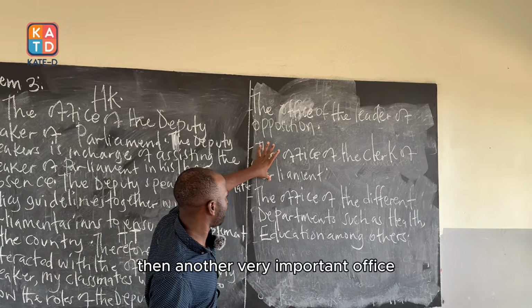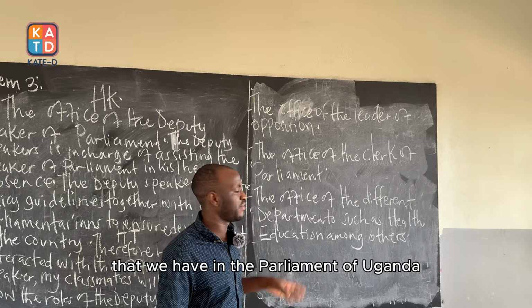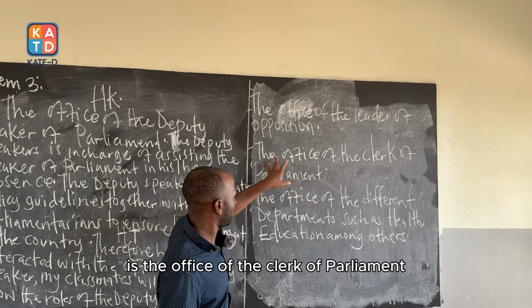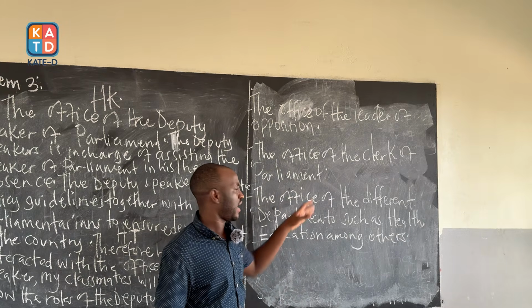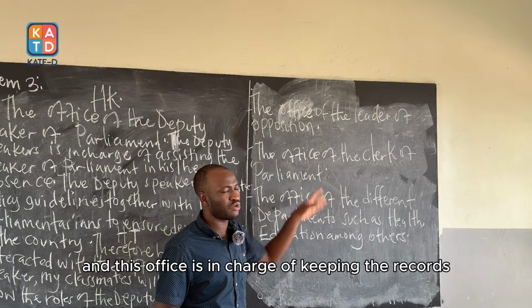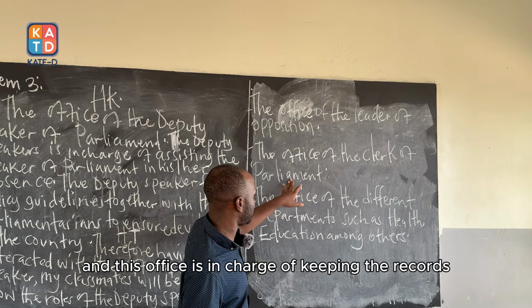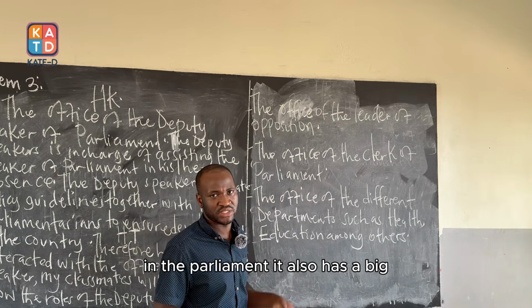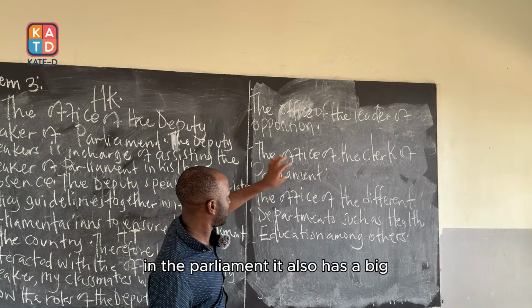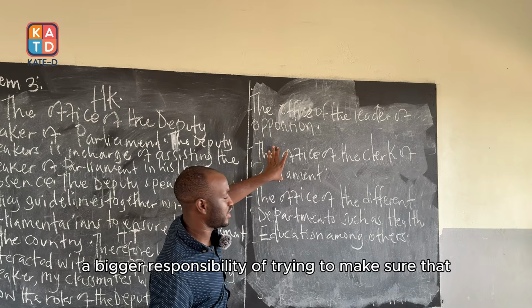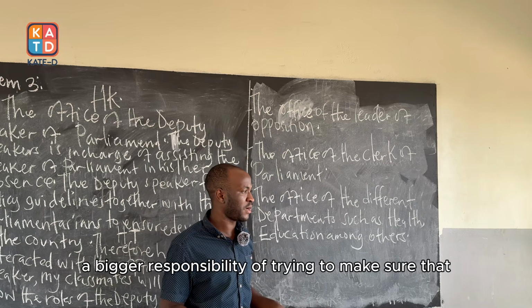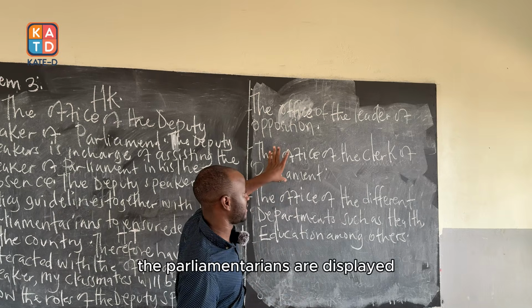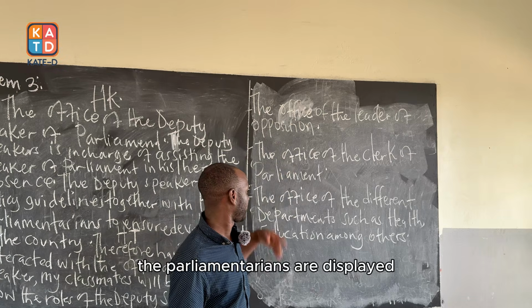Then another very important office that we have in the Parliament of Uganda is the Office of the Clerk of Parliament. And this office is in charge of keeping the records in the Parliament. It also has a bigger responsibility of trying to make sure that the parliamentarians are disciplined.